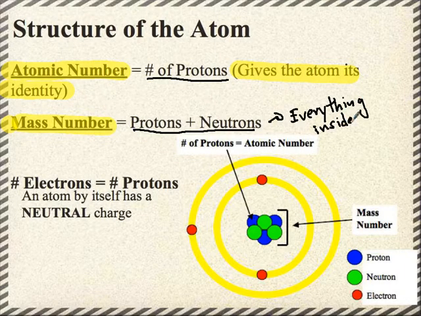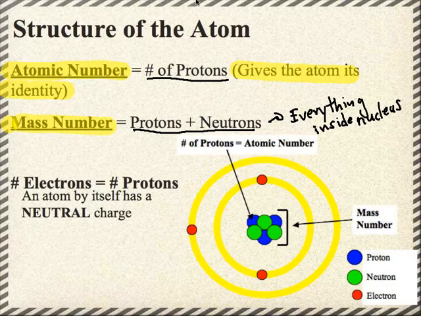If I count all the stuff inside the nucleus, for example in this one right here, and I know this is boron, I count 1, 2, 3, 4, 5, and 6. So I know that my mass number is 6, because I have 6 things inside the nucleus.